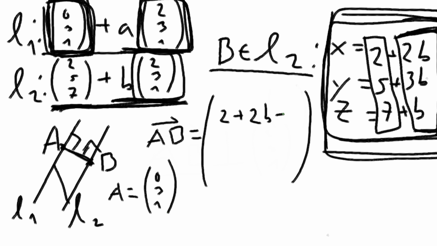So minus 0 here. And then for the y, it's 5 plus 3b minus the y part of A, which is 3. And for z, the final one, 7 plus b minus the z part of A, which is 1.